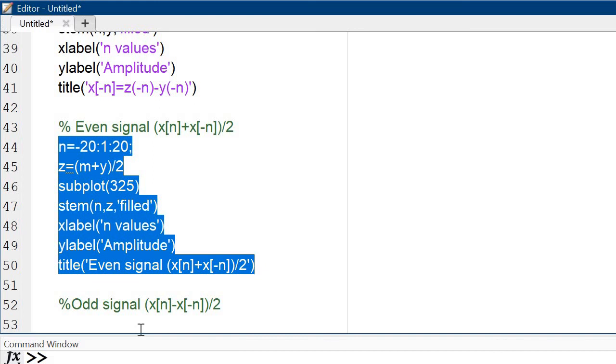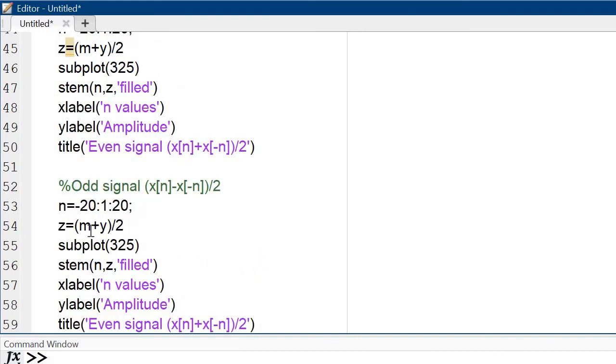Clear. This is basically m minus y. Change the variable. I'm writing it here, that is k. This is also k. Change the position also. Now here it is minus, and this one is also odd. Correct.